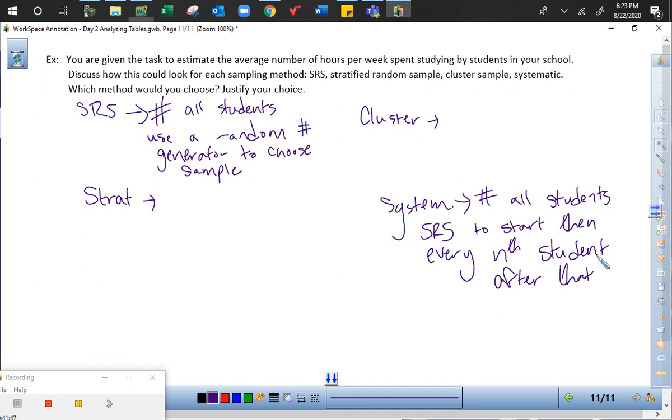Okay, now the harder ones to talk about here are stratified and cluster. Okay, so stratified, we want to think about what we're studying, and that will tell us how to group our students. So here we're talking about the number of hours per week spent studying. So we want to make sure that we're grouping them by groups that are representative, that share characteristics.